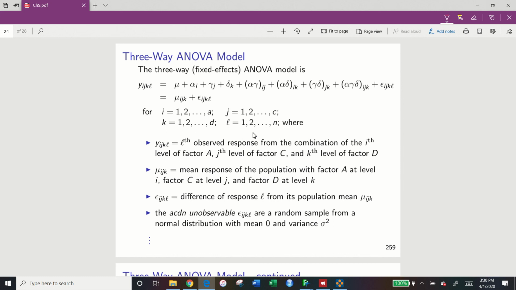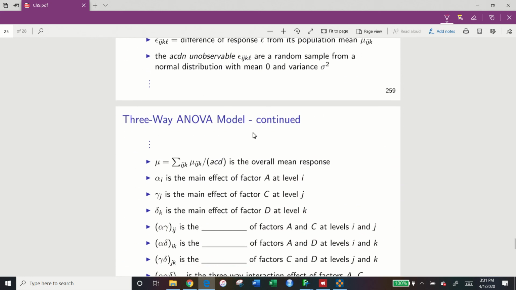Epsilon_ijkl is the difference of response l from its population mean, mu_ijk. And the A times C times D times N unobservable epsilon_ijkl are a random sample from a normal distribution with mean 0 and variance sigma squared.